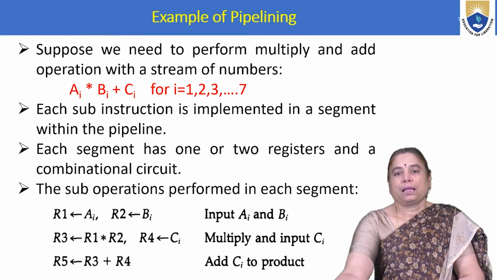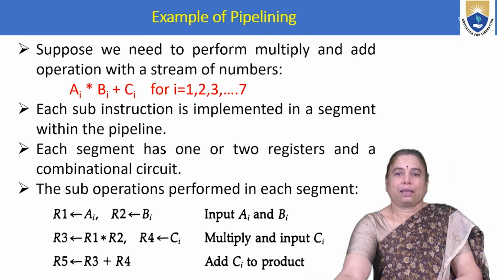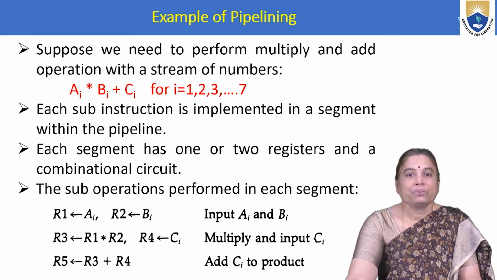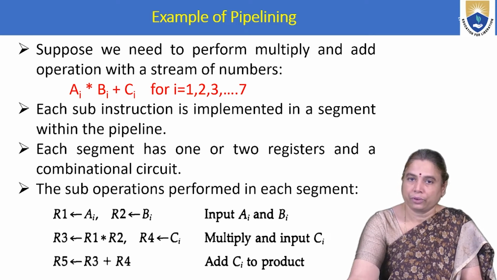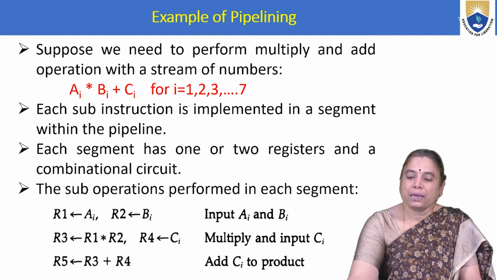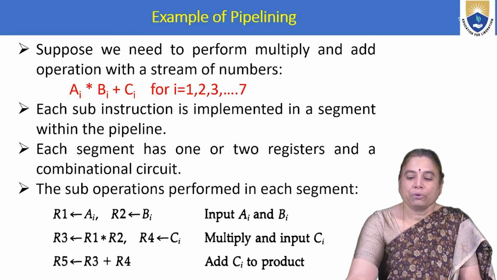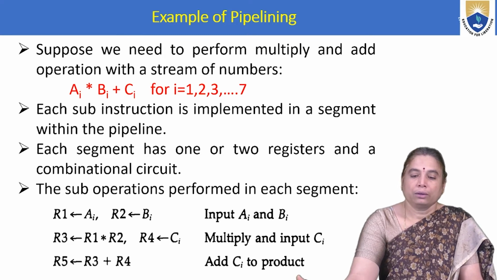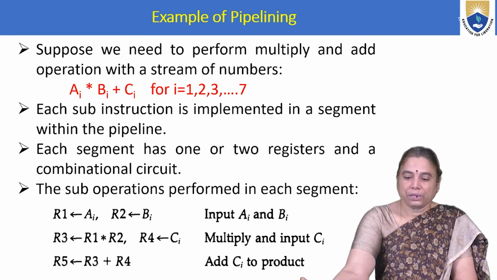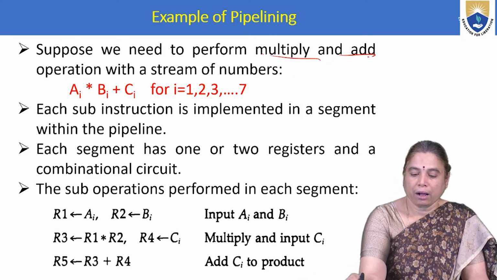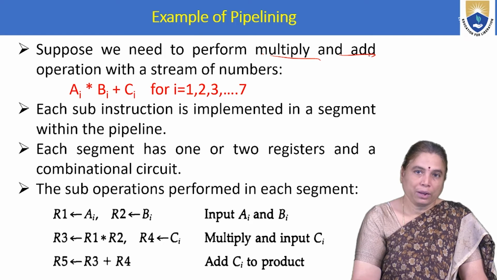So here more than one instruction is executed simultaneously in a unit of time. So the number of instructions that are executed with pipelining can be increased so that the throughput can be increased. How this can be accomplished, we will observe with an example. Now consider an example, one arithmetic operation that involves multiply and add operations on a stream of numbers.